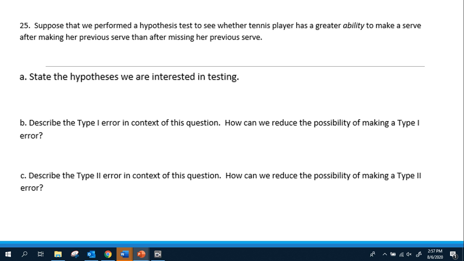In this case, we would say that the null hypothesis is the player's serves are independent, and the alternative would be that the player's serves are streaky.